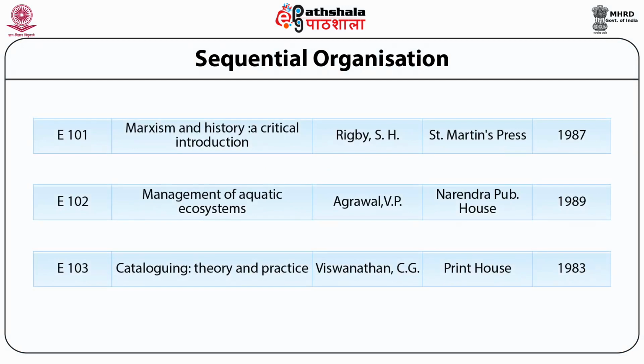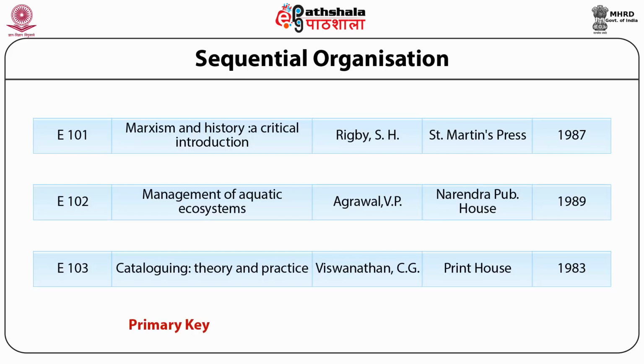Sequential organization. This slide shows how the data is stored in sequential organization. Here we have data about books: title, author, publisher, and year of publication. You can see on the left-hand side we have a column named primary key.